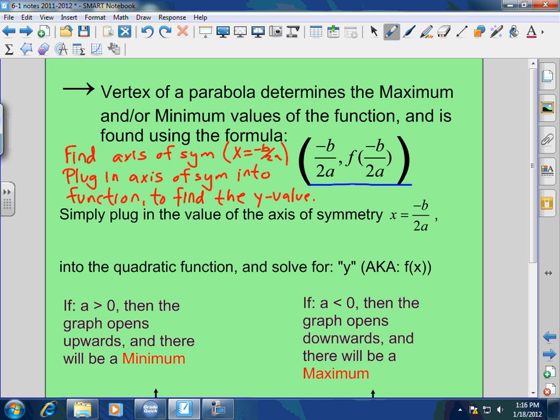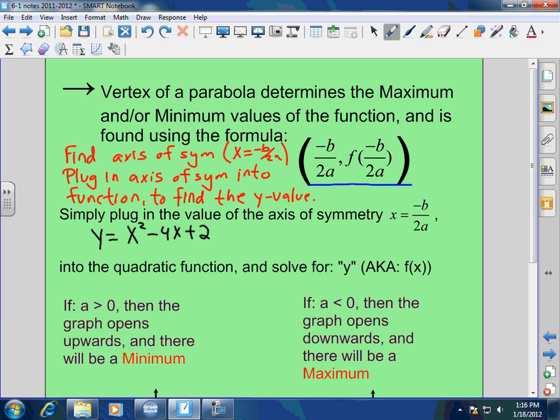I found the axis of symmetry, which is the negative b over 2a, and I plug that value into my function. F of x equals y, right? But what am I replacing the x with in this case? The negative b over 2a. Look, son. I have y equals, we'll make it easy, x squared minus 4x plus 2.